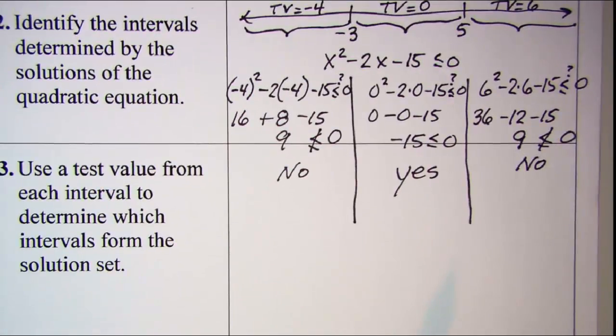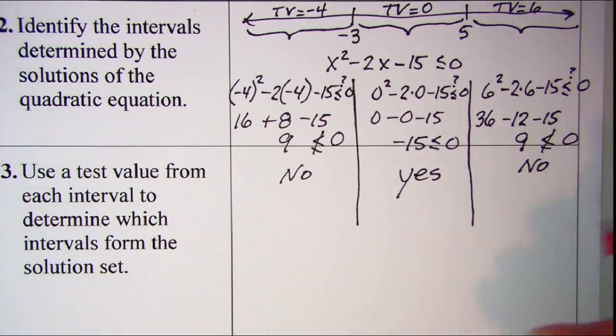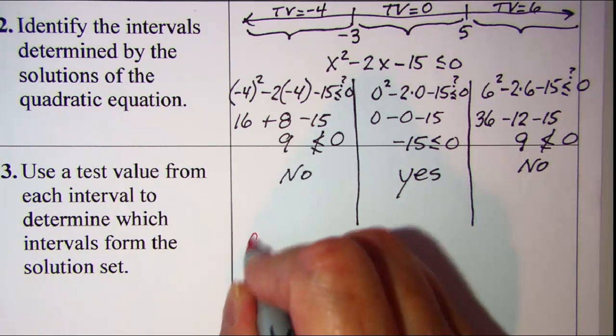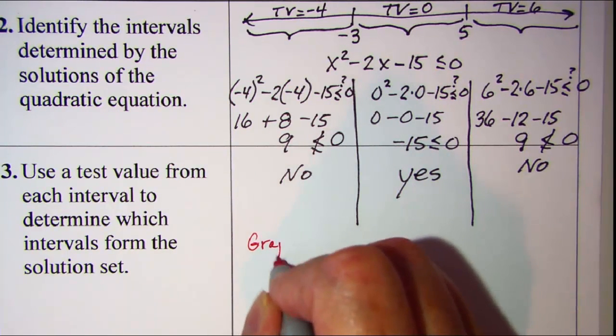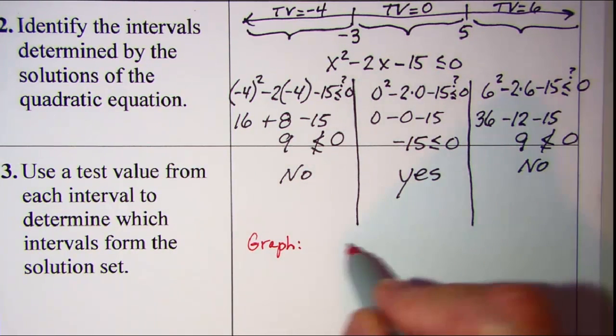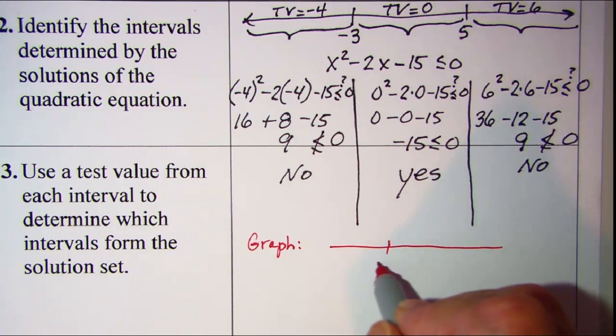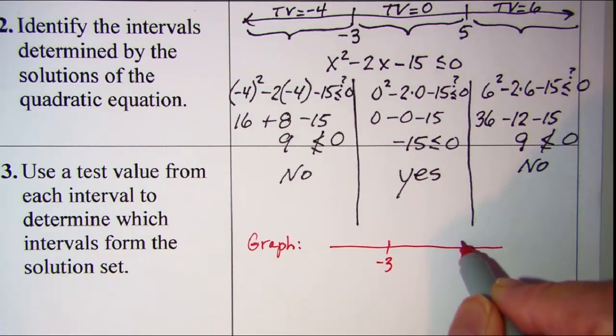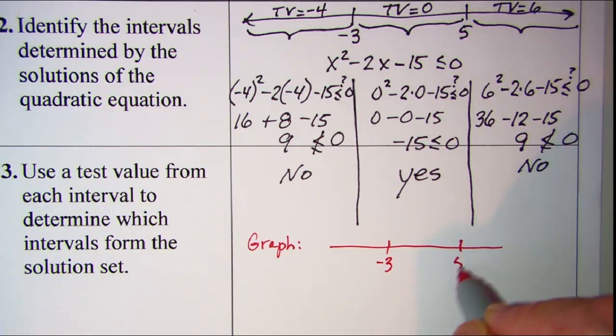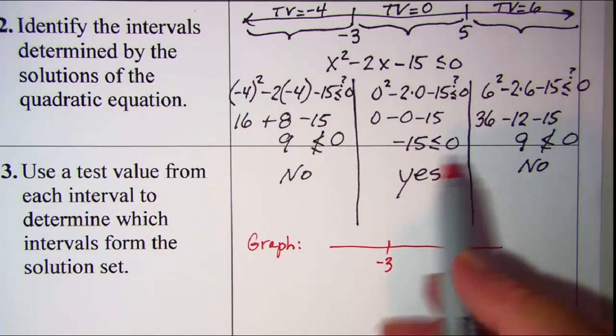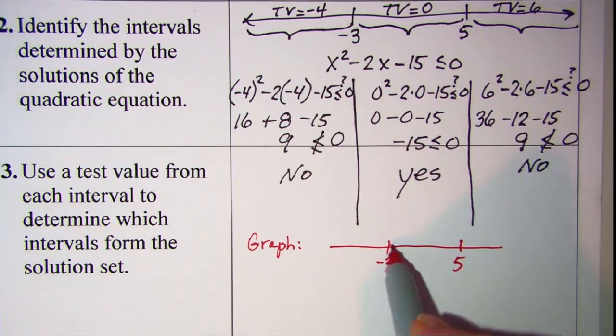You have a number of ways of writing your solution set. If you were asked to show the graph, that would just be a number line with our negative 3 and our 5, and we have to show numbers in between negative 3 and 5.